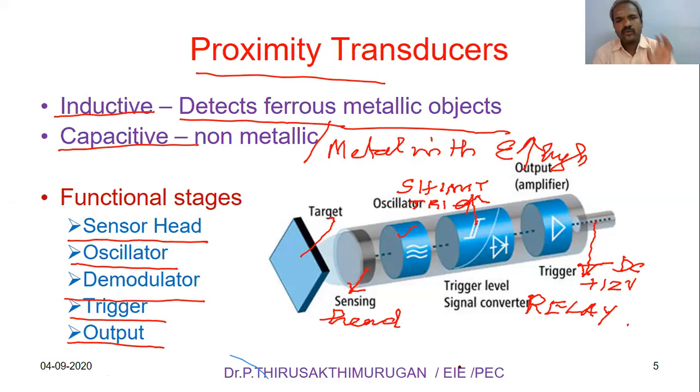Whereas if you want to operate very high-power machinery, motors or other circuits, we have to connect a high-power circuit. But the DC output from these sensors is only low voltage. So we connect a relay for switching high-voltage AC circuits. That's why we use a relay here.